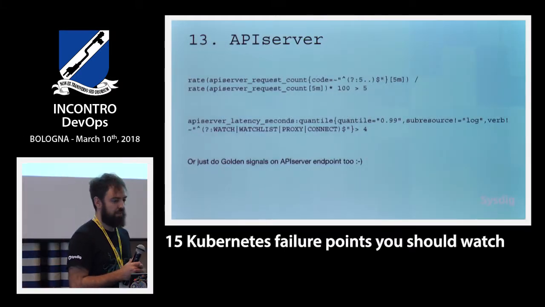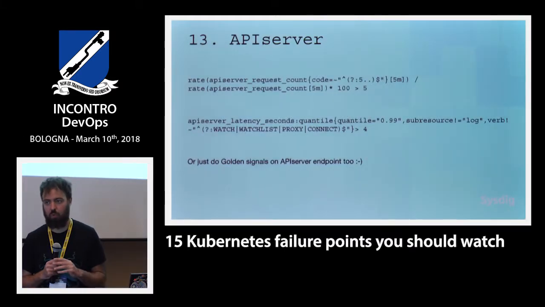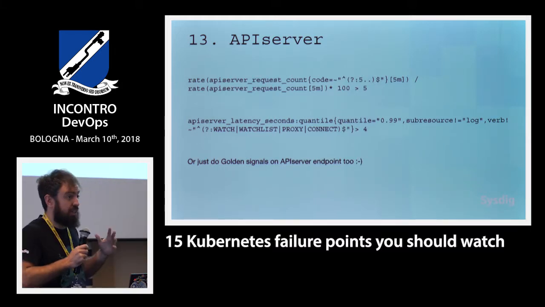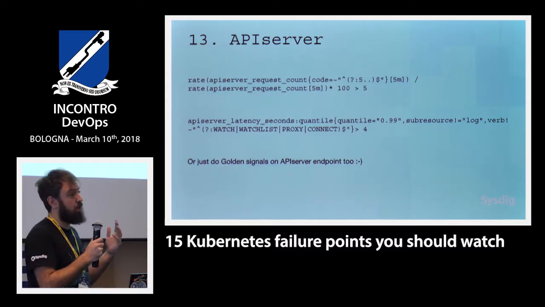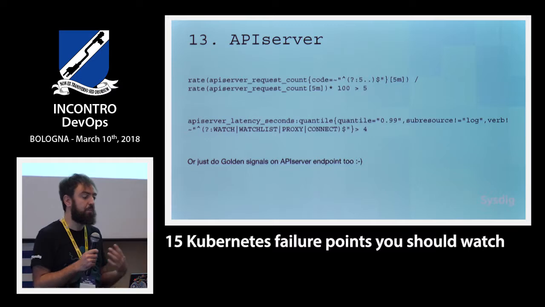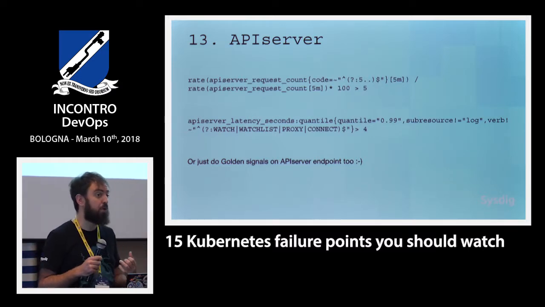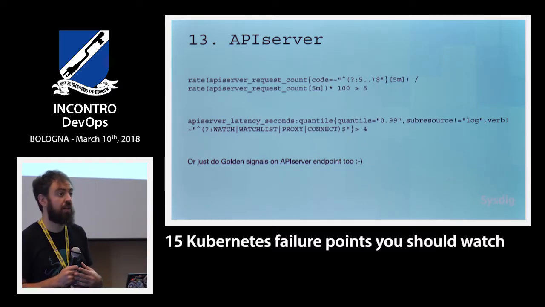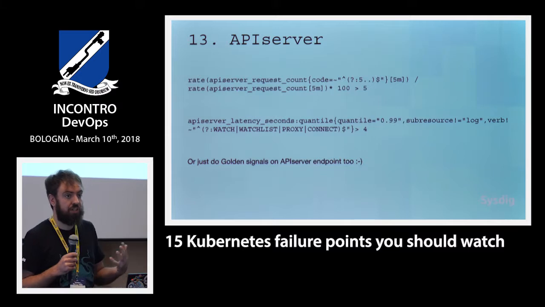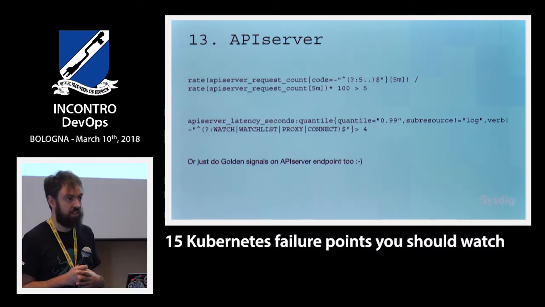But I had to choose my favorites, so we go with number 13, the API server. You can use specific metrics from QState. The API server itself provides Prometheus metrics, but you can also treat your API service as any other HTTP microservice inside your cluster.